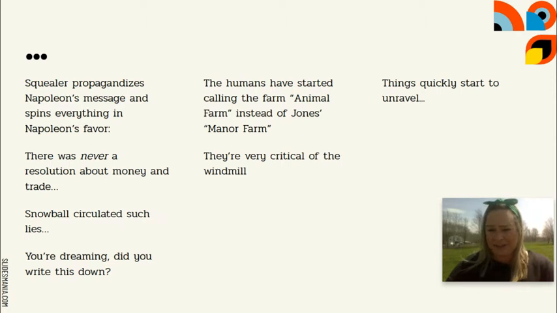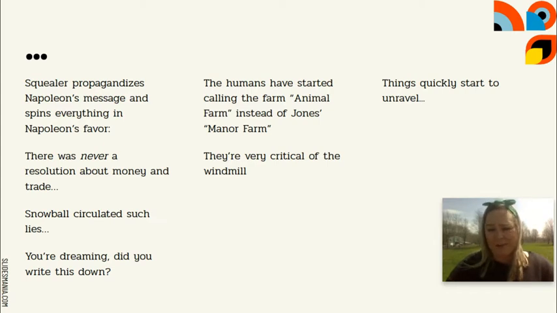Snowball was the enemy, and he tells them that they're dreaming, that they are making this up, that it's a falsehood, and he asked them if any of them recorded it and wrote it down. So he is gaslighting those animals, and he is practicing revisionist history. He knows well and certain that those were the things that Old Major wanted, and he is spinning it in favor of Napoleon.